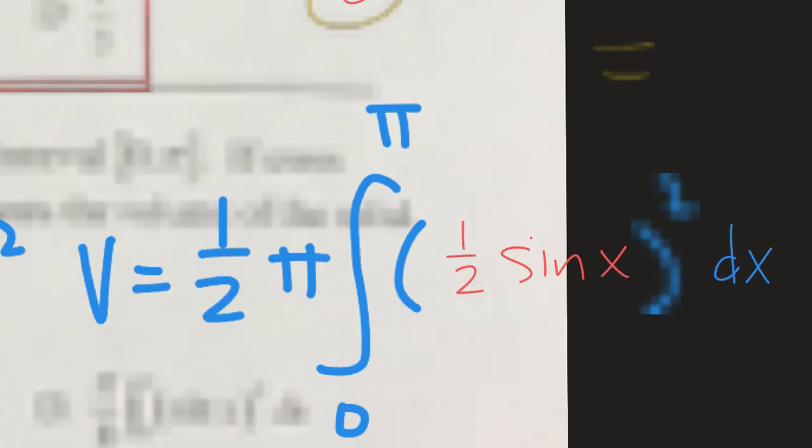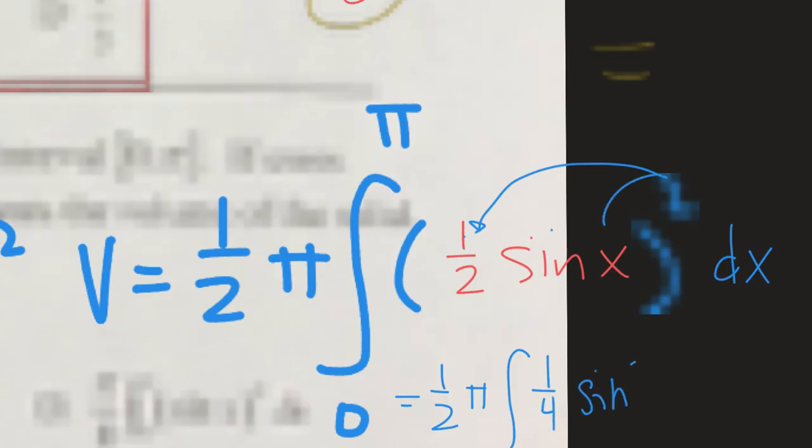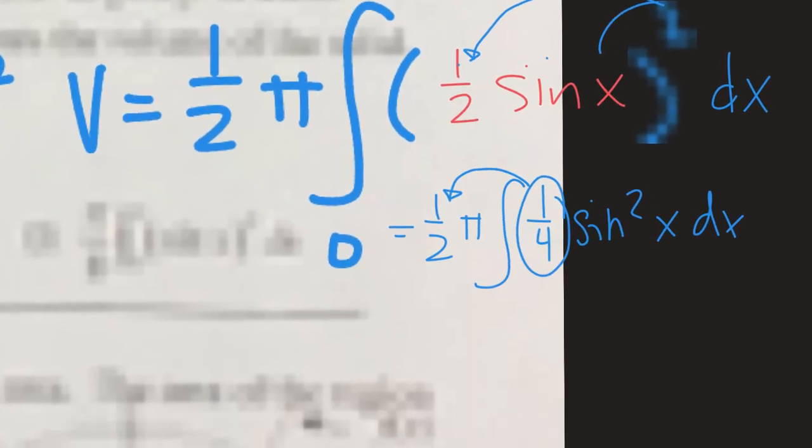So let's simplify this down. When you square 1/2 sine x, what's 1/2 squared? That's 1/4, and sine squared is sine squared. So another constant is 1/4. I can bring my 1/4. What's 1/4 times 1/2?